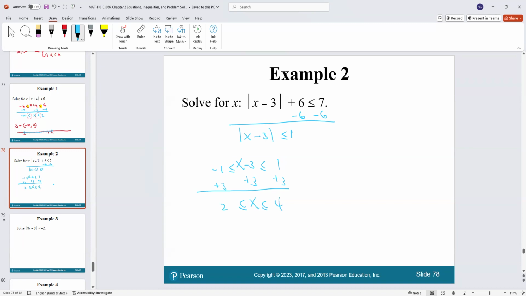In terms of interval notation, you can say it's between 2 and 4, and you see I close it. But if you graph it, suppose this line is very straight, we take 0, 1, 2, 3, and 4.